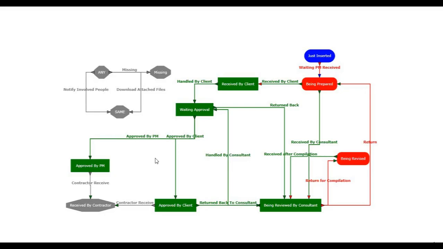But you could say, I want to notify somebody when this thing happens. I want to send an email when this thing happens. For example, the same thing with notify involved people: it will go and see in that document who is involved, and will send them a notification email or an alert on what they need to do.